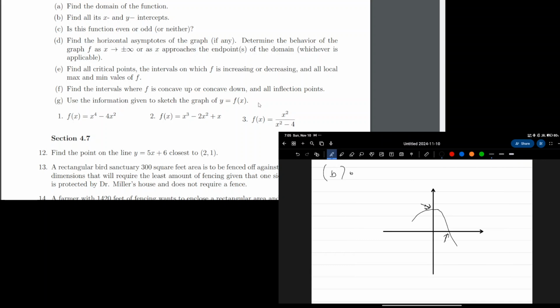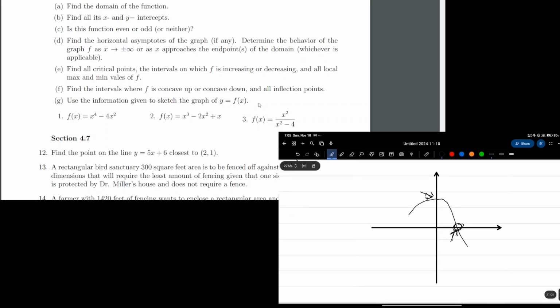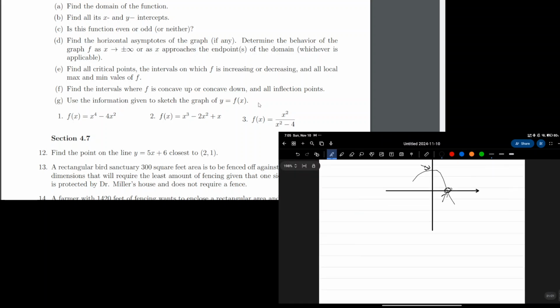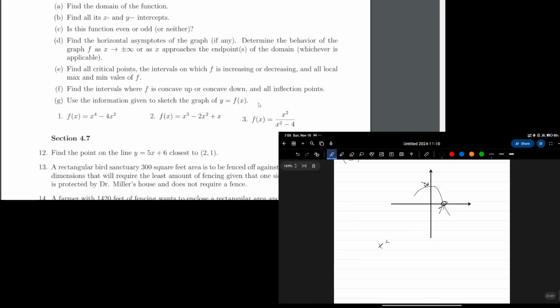Now, at my x-intercept, at this point, what is the value of y? 0, right? That is what I'm going to use to an advantage. At this point, the value of y is 0 and my function was x square over x square minus 4.